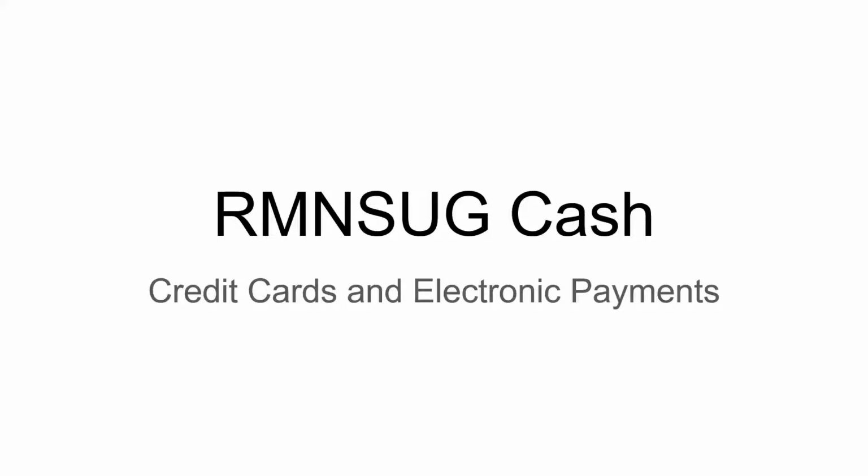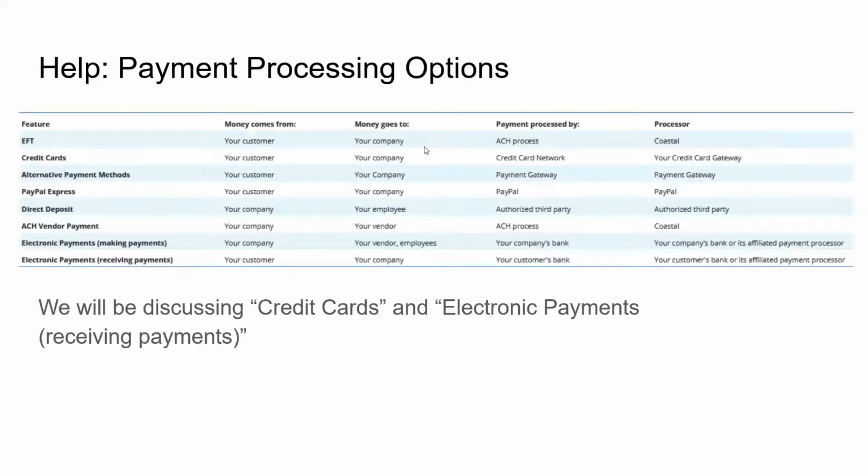Also for people, which I think could be a good majority of you, who are only using credit cards and not using this amorphous thing called EFT or ACH. I'm going to try and shed a little light on those. What are they and how could you use them? Why would you use them? Why would you not use them? We're also going to talk a little bit about Celigo, because we use it, but mainly we're going to talk about credit cards and electronic payments.